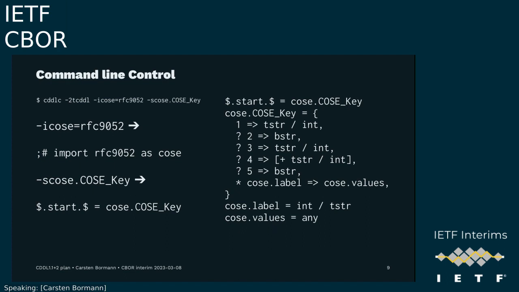Now that's something that my implementation of the CDDL 2 functionality doesn't fully support yet. So that's the one big to-do I have on my list, to do a socket.